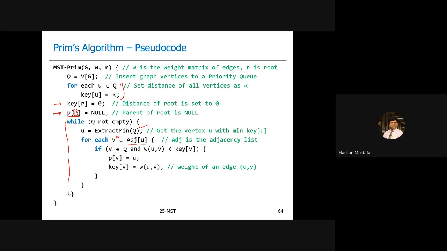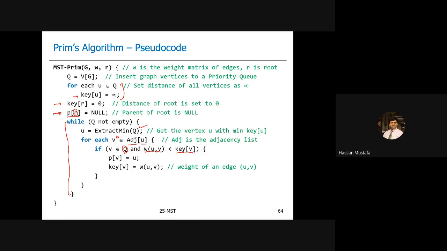And for each V, what we do is check if this V is still in the queue, that is, it is not processed yet. And the current weight between U and V, where U is our starting point and V is the neighbor, so the distance between U and V, if it is less than the already discovered distance of node V. Remember, we set the key of all the vertices except for the starting vertex as infinity.